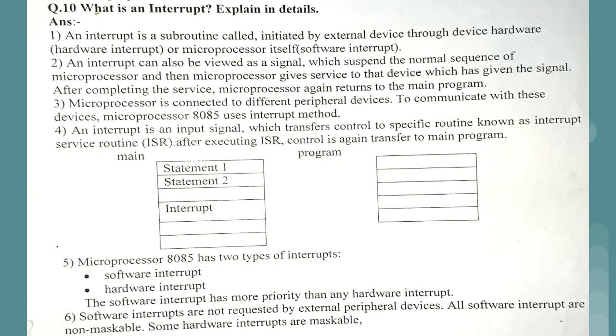Because of an interrupt, the actual flow or execution of a program is interrupted, means it is broken, and then we move to the new program. All such things are possible because of ISR, that is, interrupt service routine. Then we have two types of interrupt, out of which software interrupts are non-maskable and hardware interrupts are maskable. So I hope this question is clear to you.